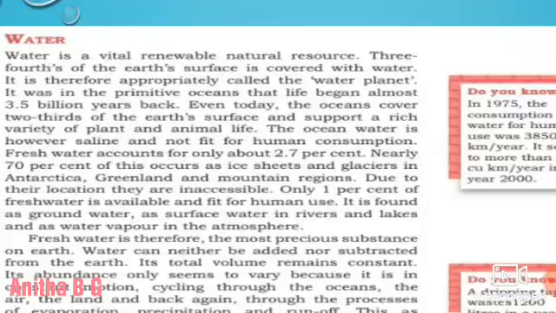Fresh water accounts for only about 2.7%. We can have only 2.7% of fresh water to use for human beings. Nearly 70% of this occurs as ice sheets and glaciers in Antarctica, Greenland and mountain regions.